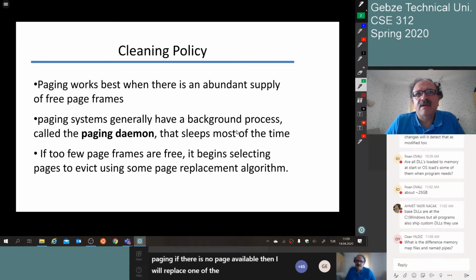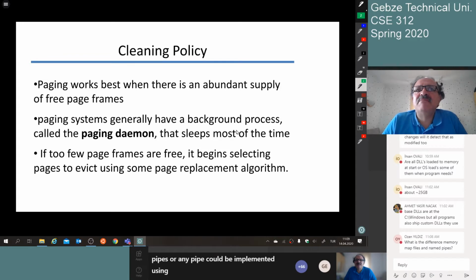Okay, before that there is a question: what is the difference between mapped files and named pipes? Well, memory mapping, file mapping is a system call, and you could implement the named pipes with the mapped files too. What Ozan is asking is a specific Unix question. Named pipes or any pipe could be implemented using these techniques.